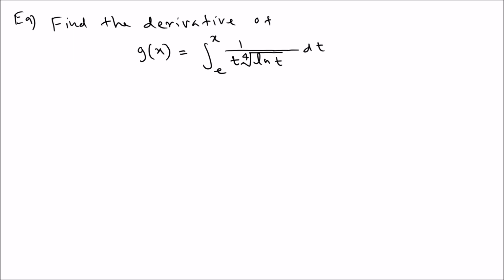Something like that. So 1 over t the fourth root of natural log t dt. Good. So let's try to find the derivative of this one.